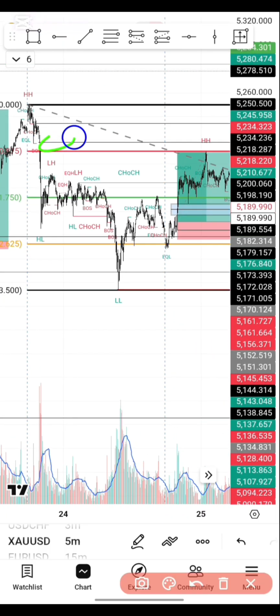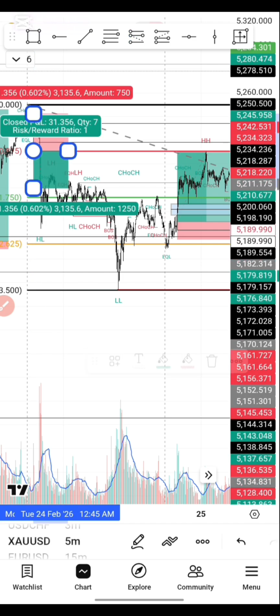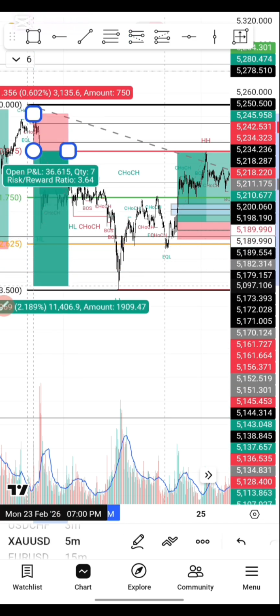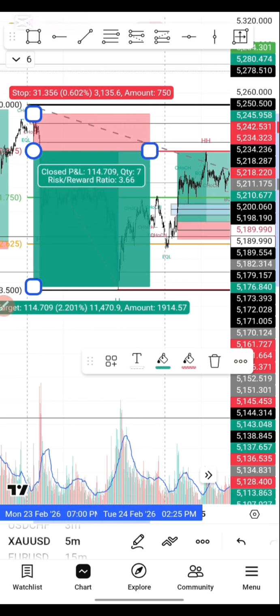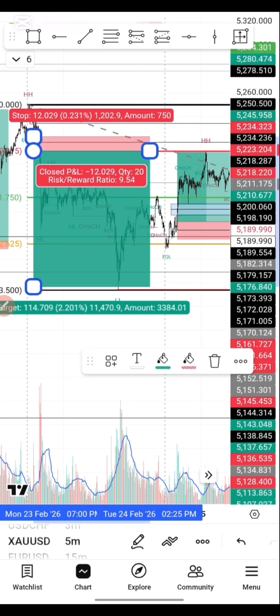It moved from this side to this side, and that would have been roughly, let's measure the pips from this level to this level. So this would have been my sell.